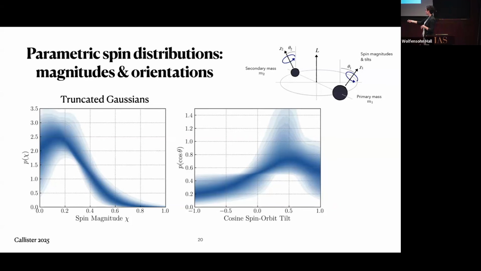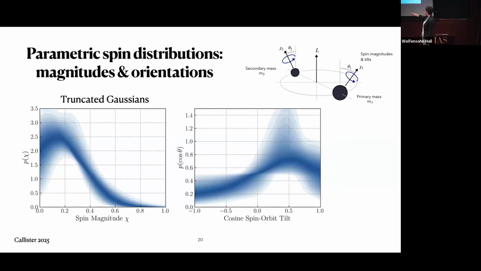It's truncated because it has to have support only between 0 and 1, physically, for a Kerr black hole. We end up finding that spins are pretty small, although with some width to the distribution. So some spins are as large as 0.4. This is a fit to the cosine of the spin tilts.